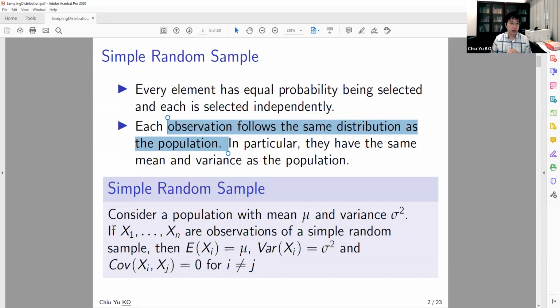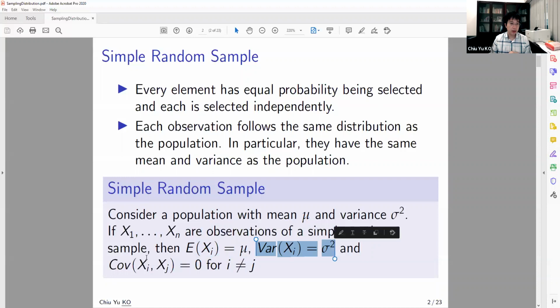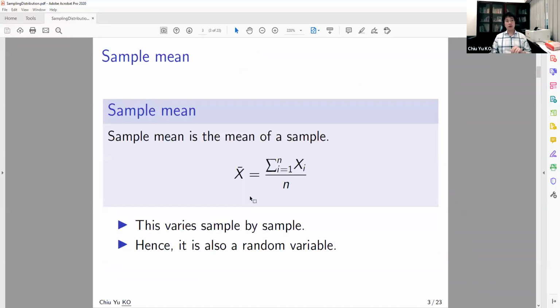If x1 up to xn are a simple random sample, and the population has mean mu and variance sigma squared, then the expected value of xi is mu, the variance of xi is sigma squared, and any two distinct observations have covariance 0. I just wrote it down explicitly, though it's already in your version of the slide.